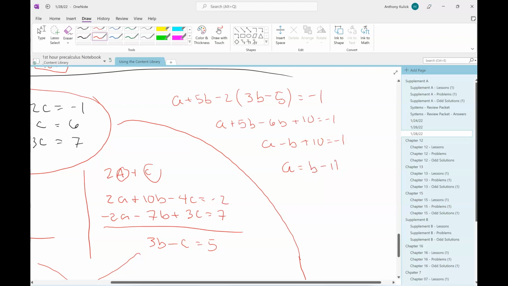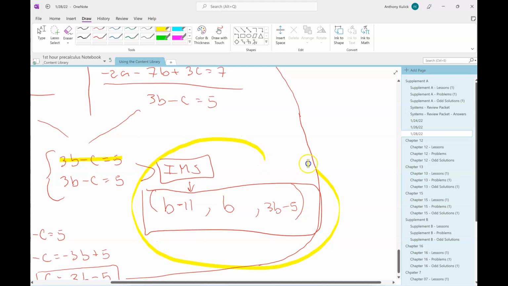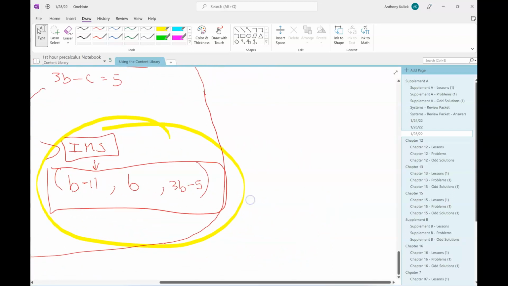So I get a is equal to b minus 11. So there is my answer. So infinitely many solutions, and those infinitely many solutions can be generated here.